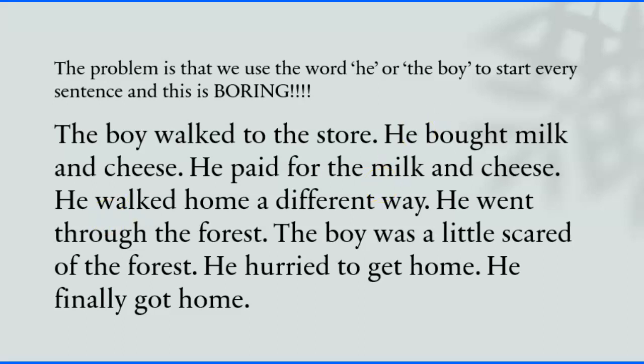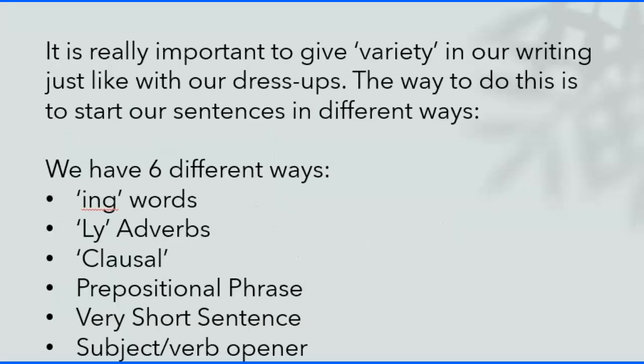So after you've learned the dress-ups, which I assume you have at this point, then we move on talking about a different thing to change up our paragraphs a little bit, and that is the sentence openers. And we want to give variety in the way that we open our sentences, to open with a subject and verb. He went, he walked, he paid.